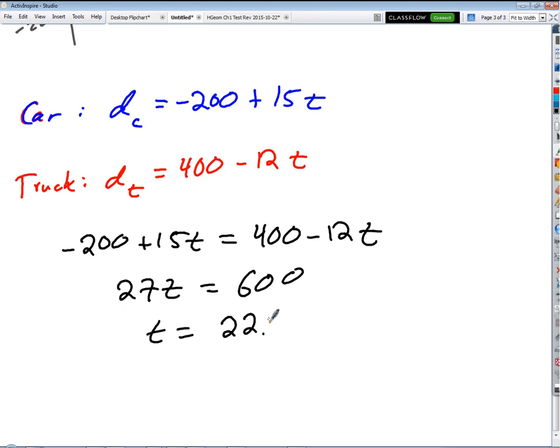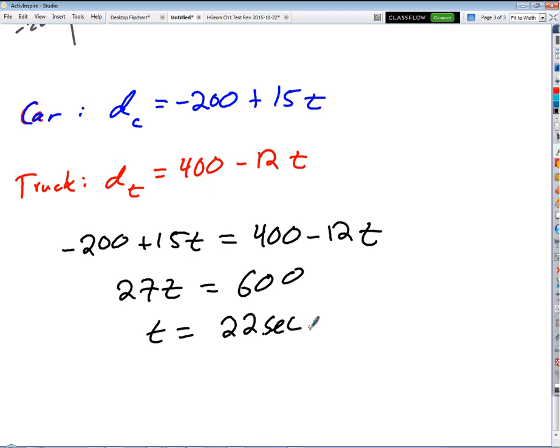So to how many places do we have this in this problem? Probably 2, because of the 15. So 22 seconds, or if you said 22.2, I don't care about the units or the sig figs. After roughly 22 seconds, the car and the truck are going to pass by each other.